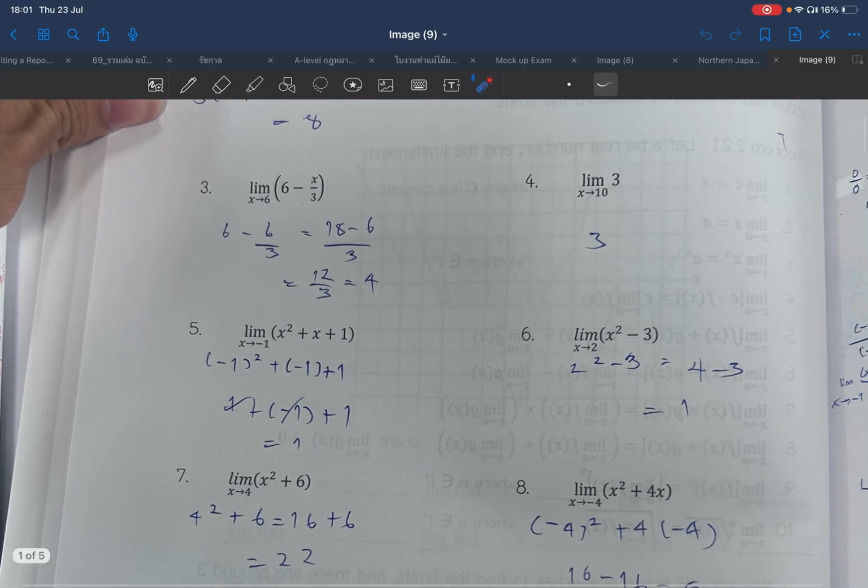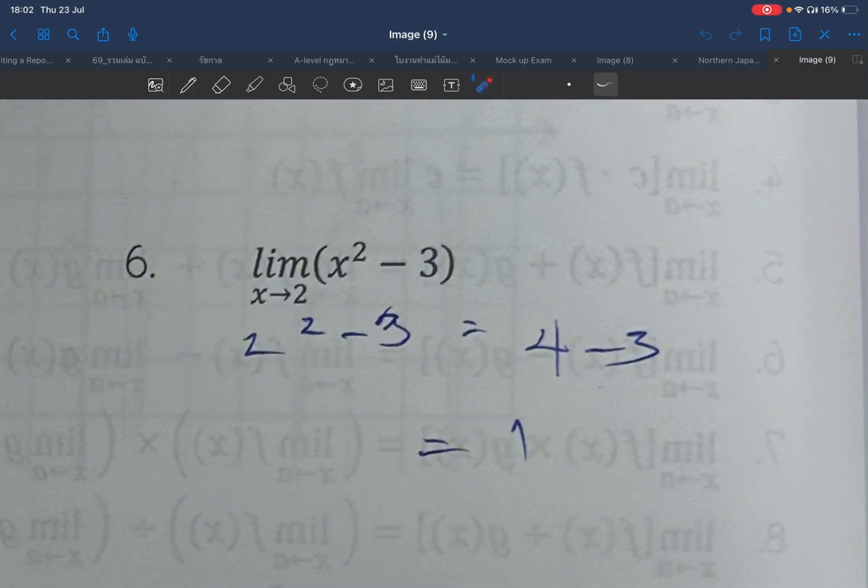Alright, number 6. The limit of x power of 2 minus 3 as x approaches 2. So we substitute x approaches 2 directly into the expression to get the 2 power of 2 minus 3. Well, that becomes 4 minus 3, giving us an answer of 1.